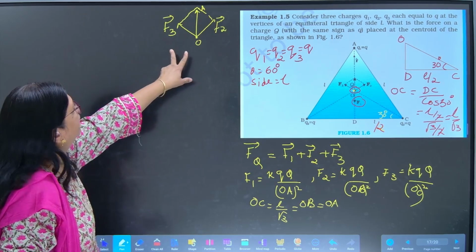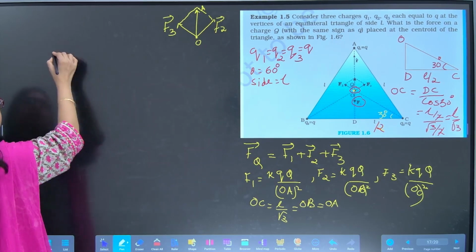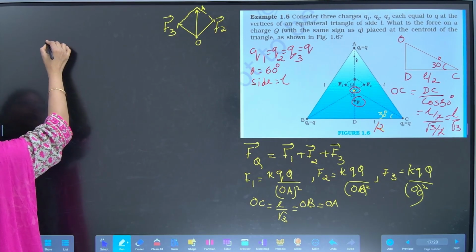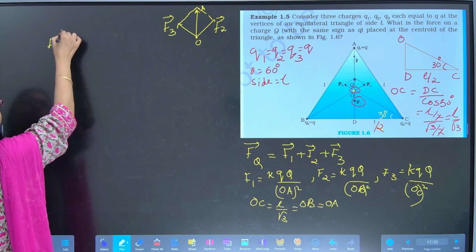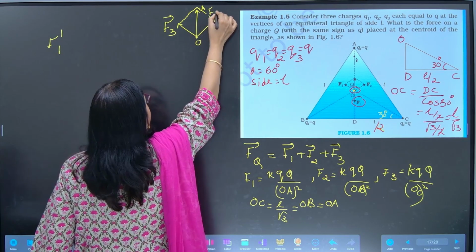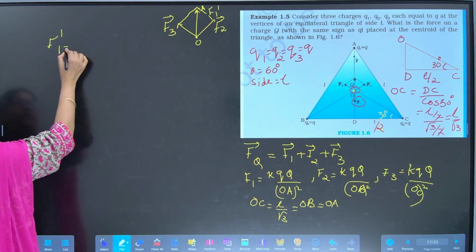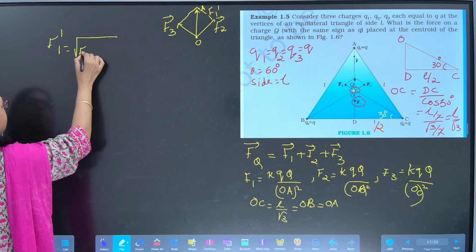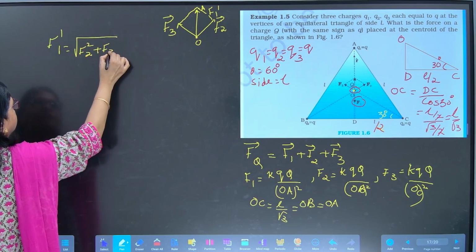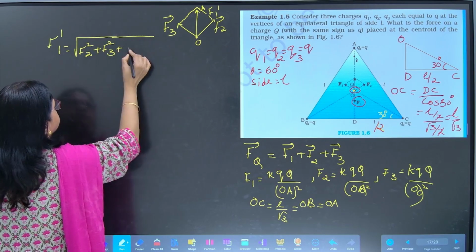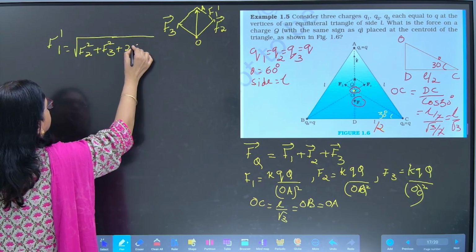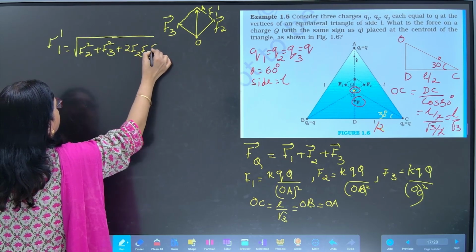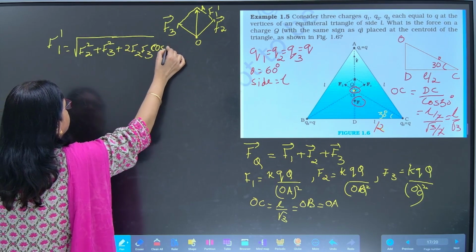Looking at the diagram, using the parallelogram law and naming the force F1 dash, F1 dash is equal to root of F2 square plus F3 square plus 2 F2 F3 cos 120.